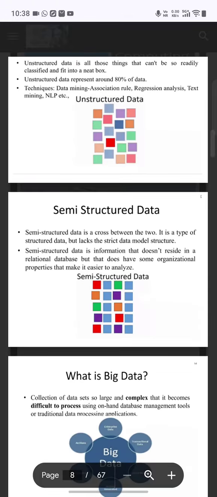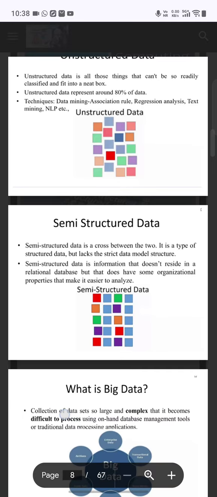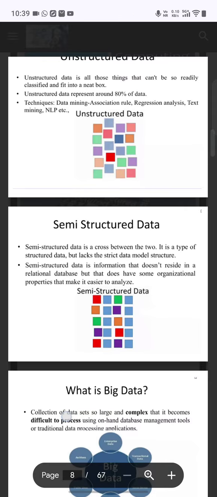Coming to semi-structured data, semi-structured data is a cross between the two. It is a type of structured data but lacks the strict data model structure. Semi-structured data is information that does not reside in a relational database but has some organizational properties that make it easier to analyze.